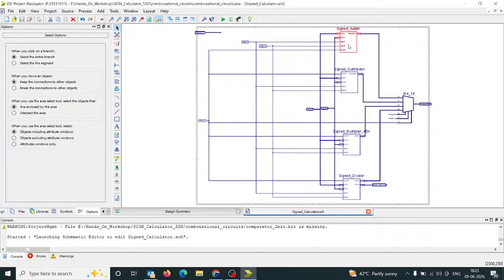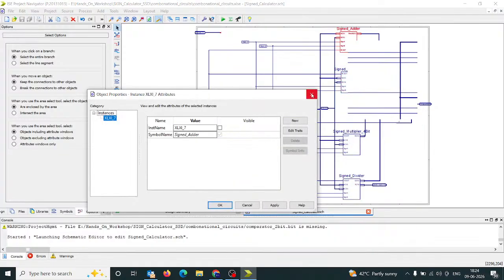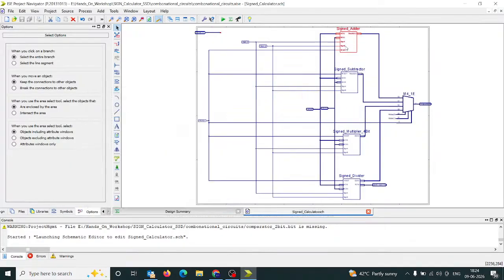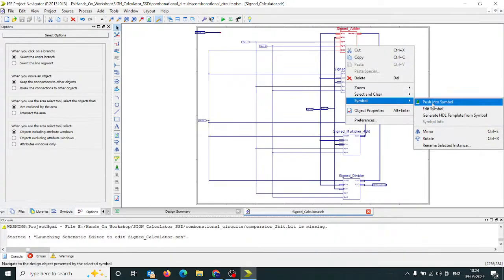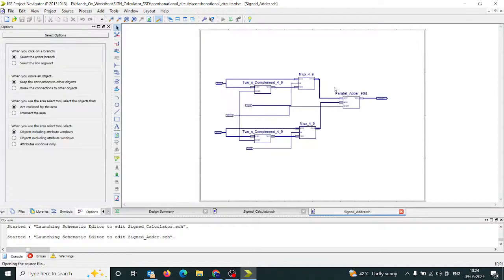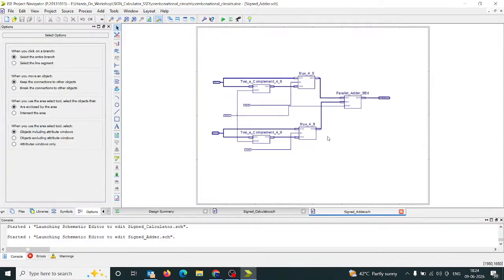Okay, so here is our adder, subtractor, multiplier, and divider. We have designed this. Push into symbol. We have designed the 8-bit adder with the help of a simple half adder and full adder.